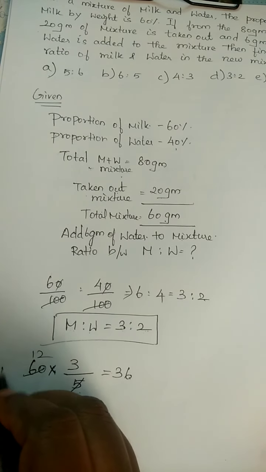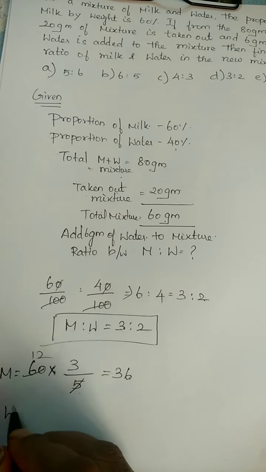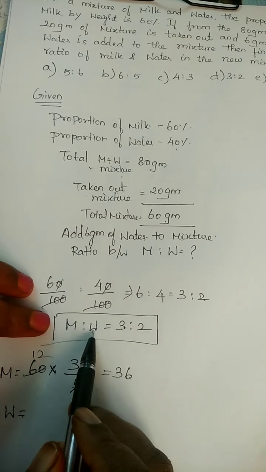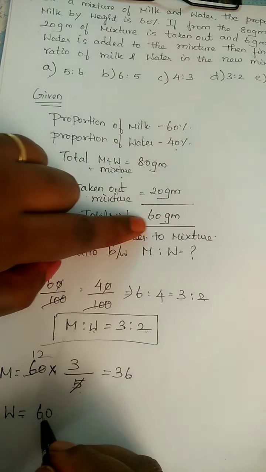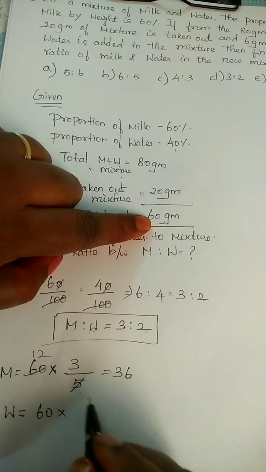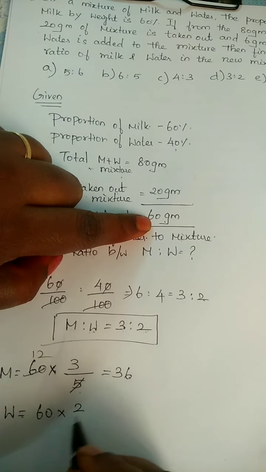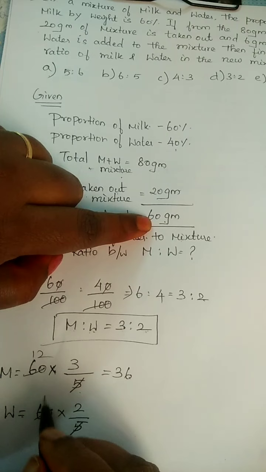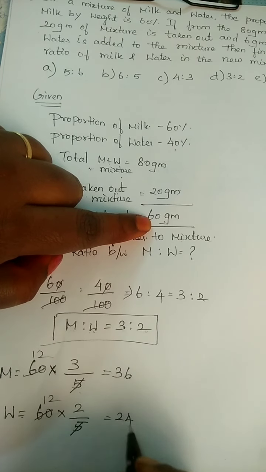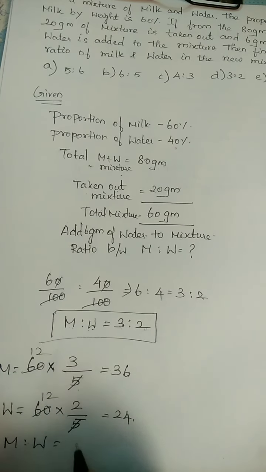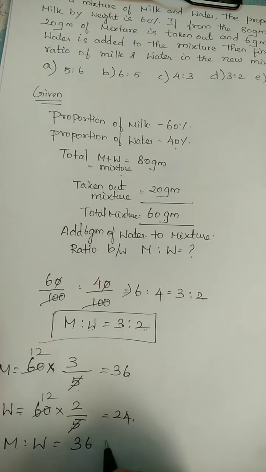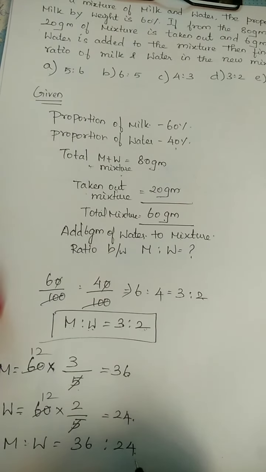Can I get this, guys? Milk ratio. Now water. Water is 2. 60 into 2 by 5, again 12 times 2, 24. So now the milk and water ratio is 36:24.